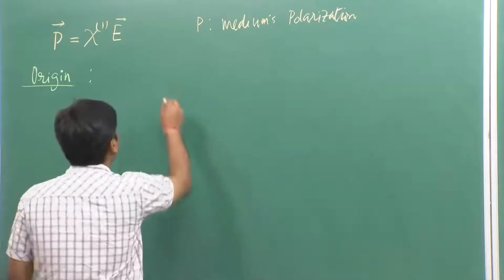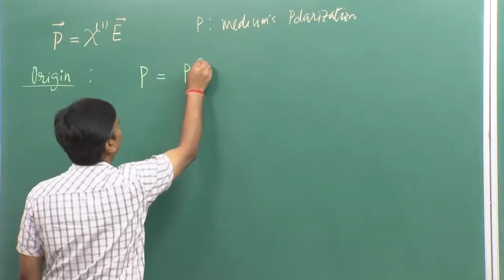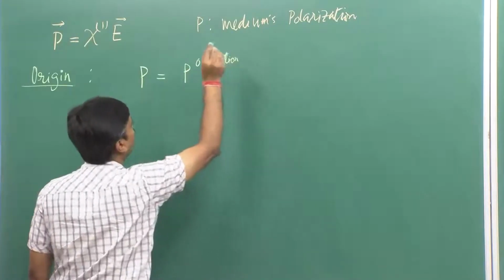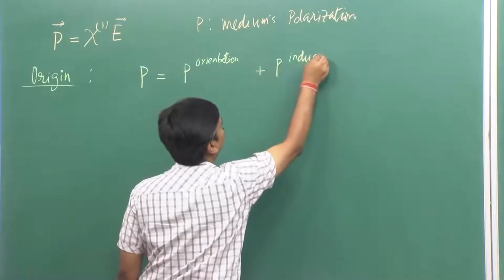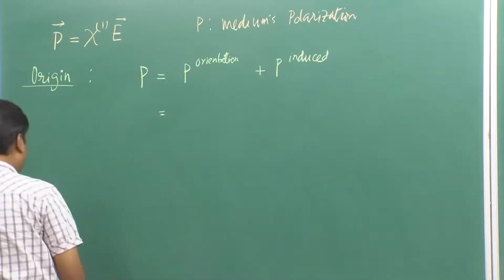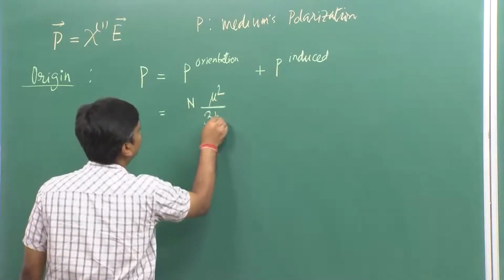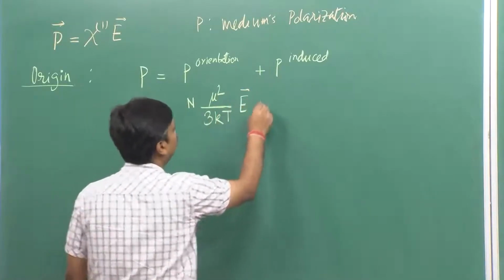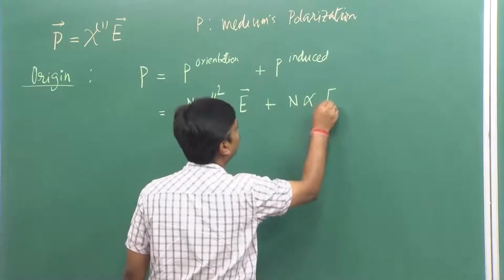So essentially P is the sum of P orientational polarization and P induced polarization. As we know, this one is given by n mu square by 3kT multiplied by E, and this one is given by n alpha E.